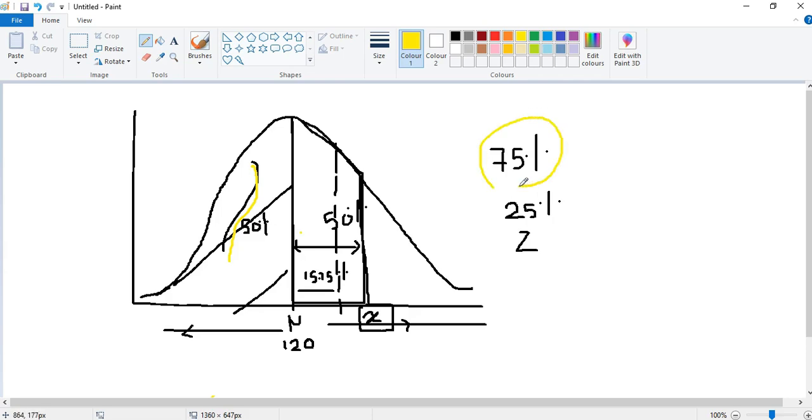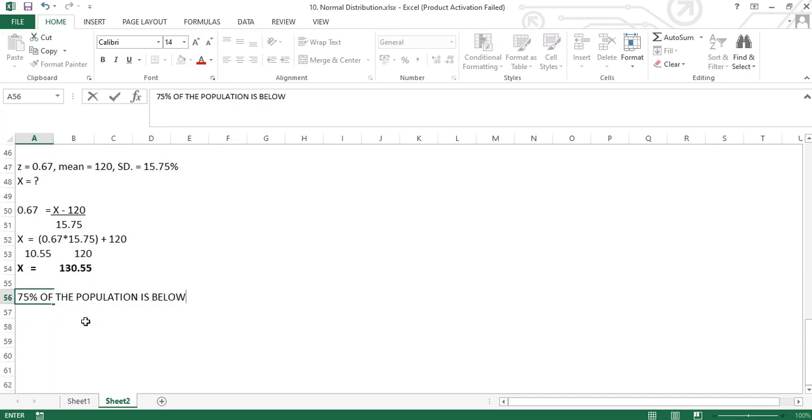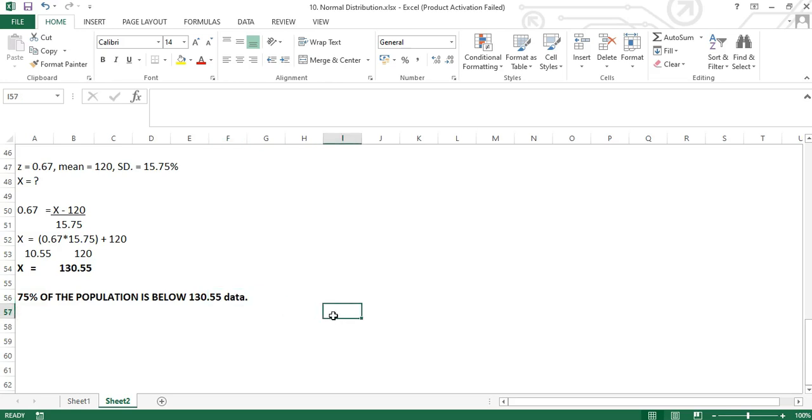So total 75%. 75% of the population is below 130.55 people or data. This is the conclusion we must give in the exam. Fine? Okay.